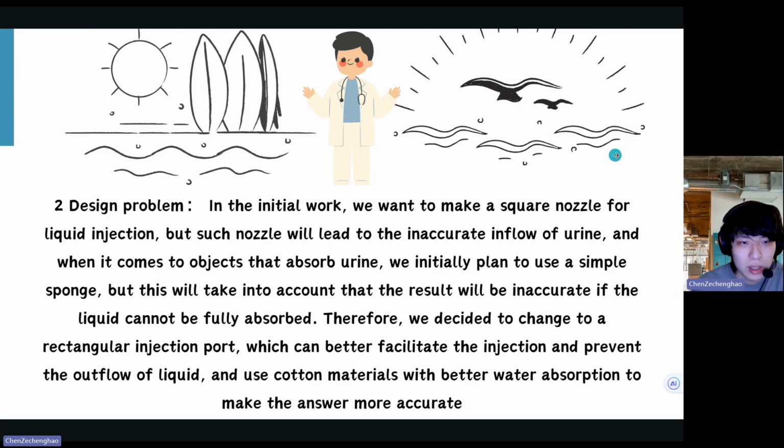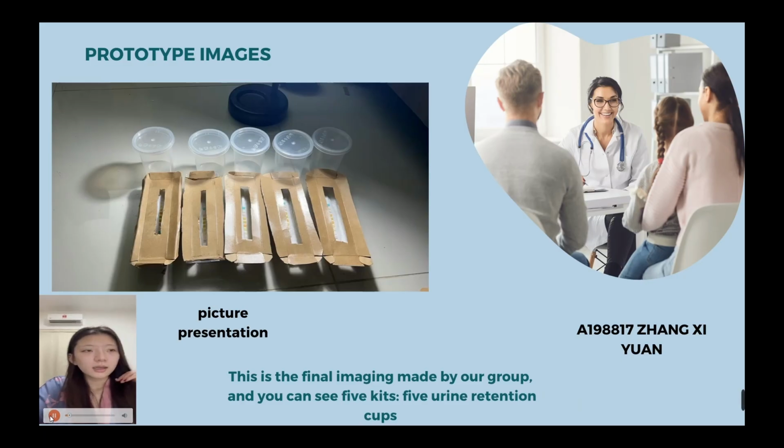And when it comes to objects that absorb urine, we initially planned to use a simple sponge, but the results will be inaccurate if the liquid cannot be fully absorbed. Okay, thank you. This is my presentation.